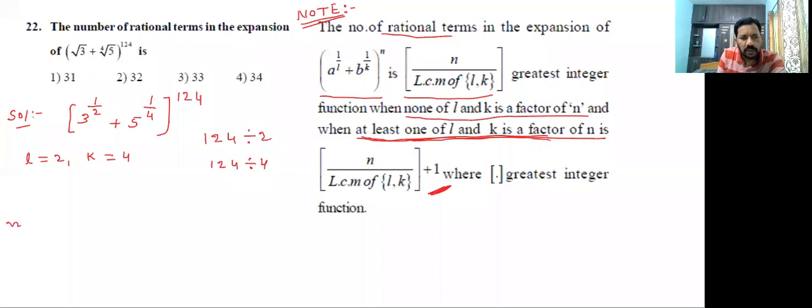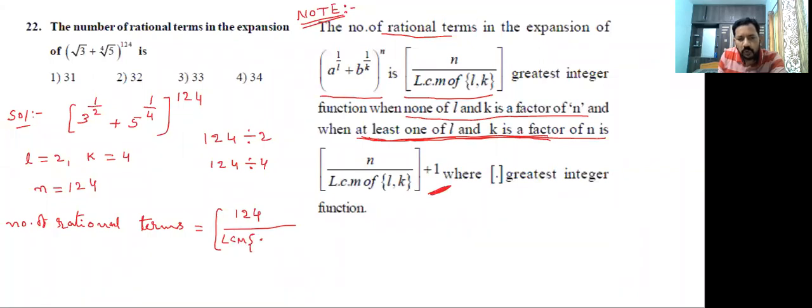So the number of rational terms, what is the formula, students? Floor of n, n means 124, divided by LCM of 2 comma 4, plus 1.